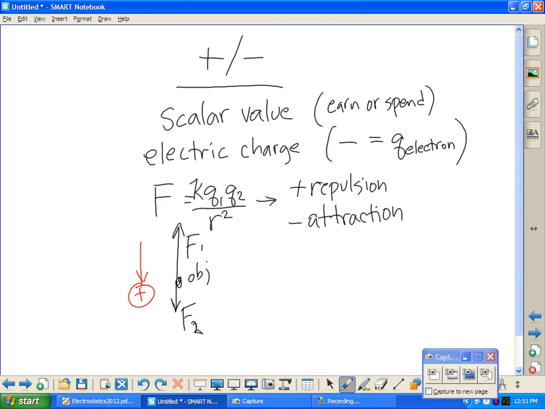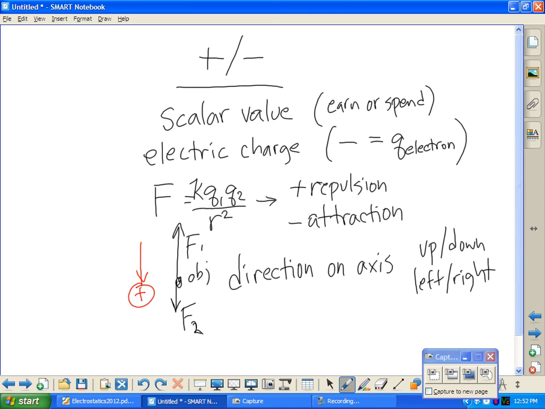What's the purpose of this plus or minus? Keeping track of direction on an axis. So it might also mean up or down, left or right. Plus x, minus x, like we've been doing. And there's probably some other meanings for plus and minus that I forgot to mention here.